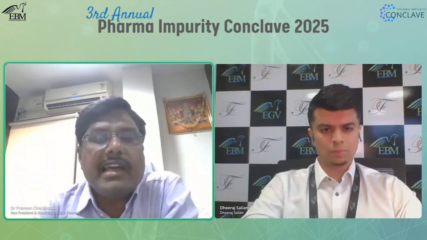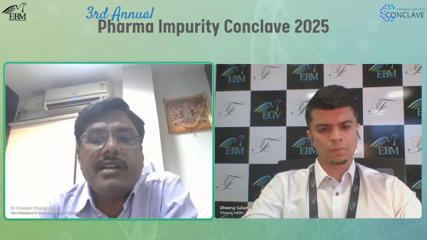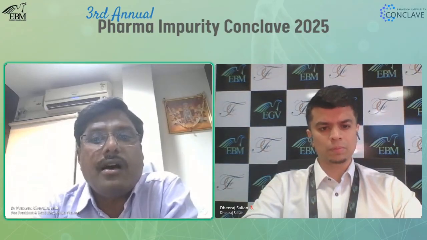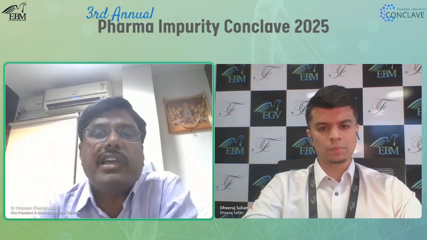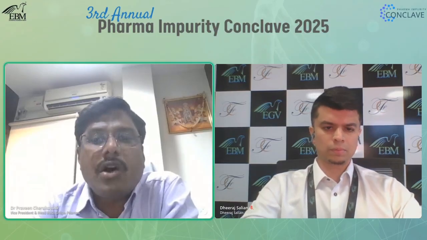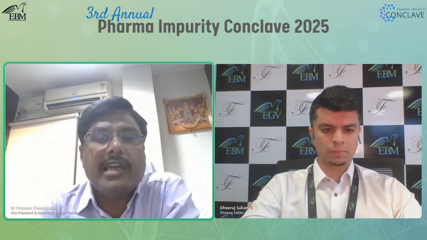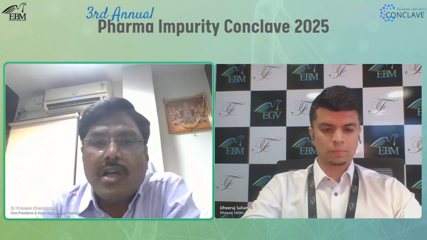So when the AI limit is not disclosed in any of the websites from the regulatory authorities like FDA or EMA, you have to use a CPCA approach to calculate the AI, and accordingly you control.